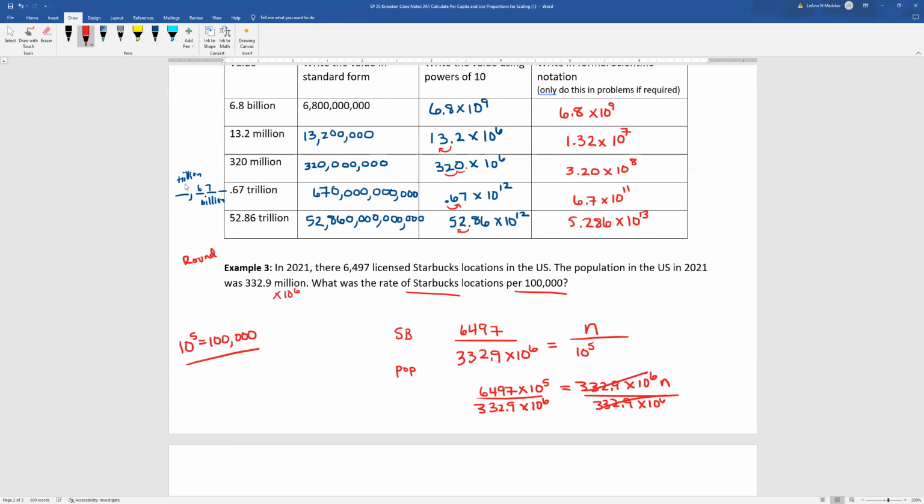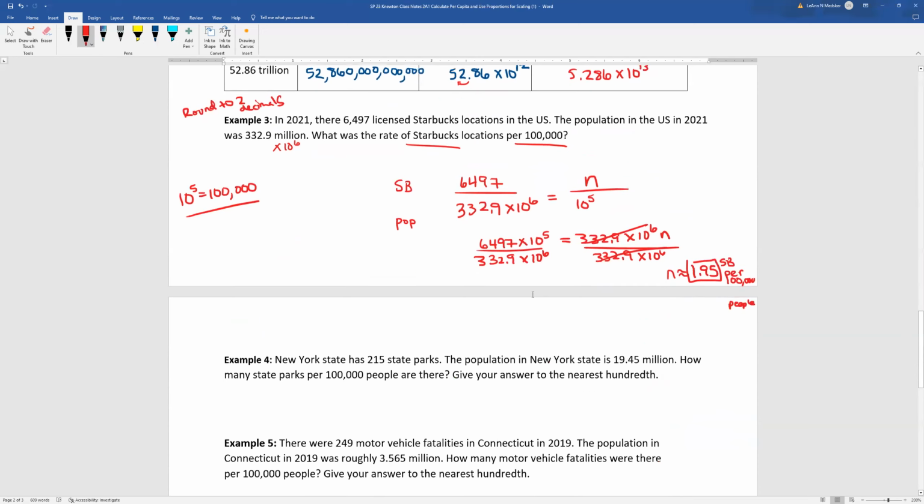They didn't tell us. So that would be roughly 1.95 Starbucks per 100,000 people. Okay, so almost 2 Starbucks per 100,000 people.